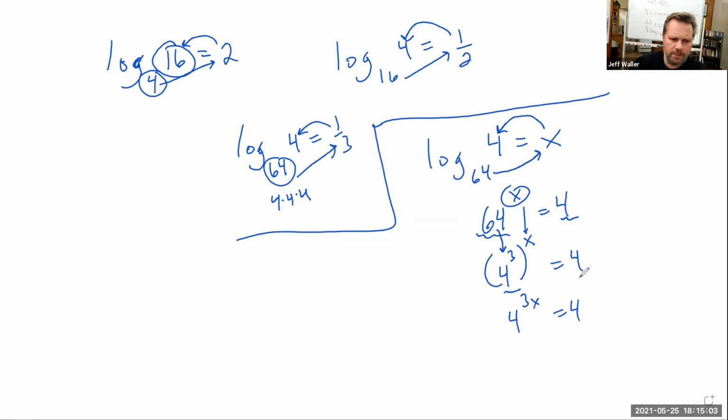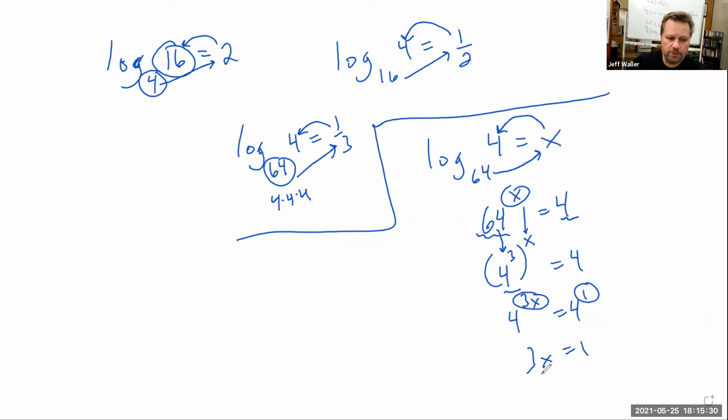What's the power right here on the 4? 1, yes, okay. So what must be true about these two? 3x equals 1. They have to be equal to each other, right? If 4 to the 3x equals 4 to the 1, then 3x has to equal 1.